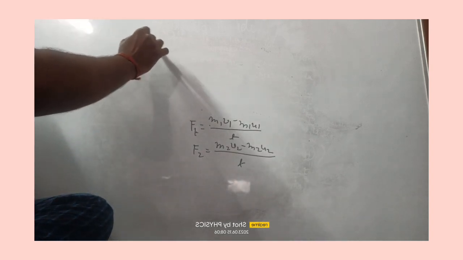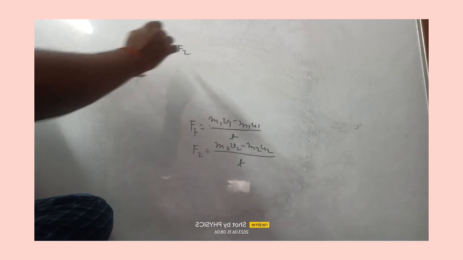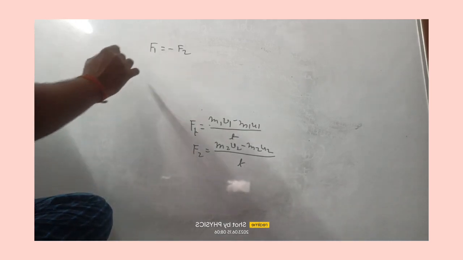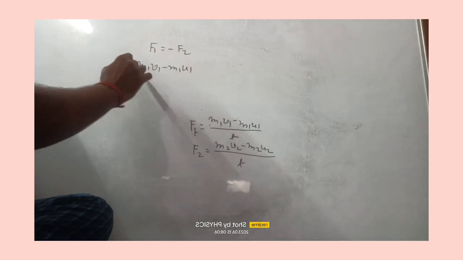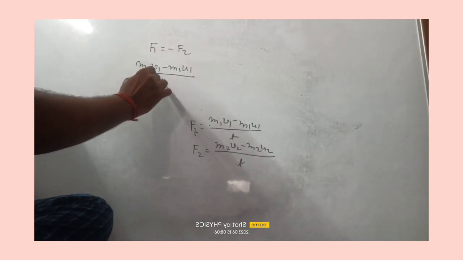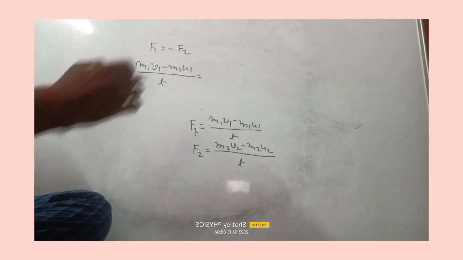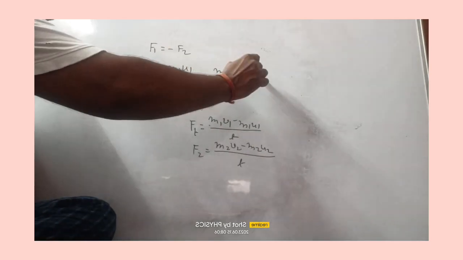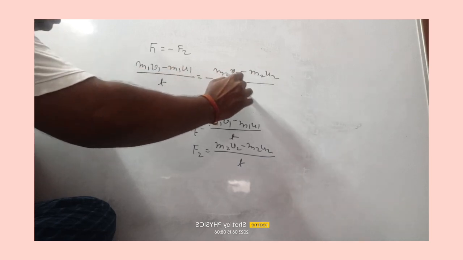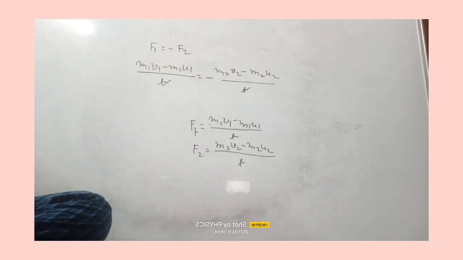So F1 is equal to minus F2. Now putting it, m1 v1 minus m1 u1 by t is equal to minus of m2 v2 minus m2 u2 by t. t will be cancelled out.